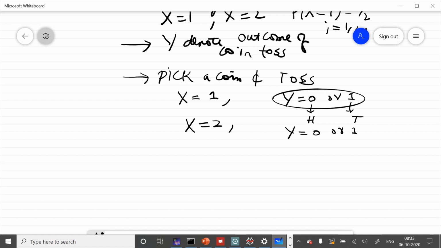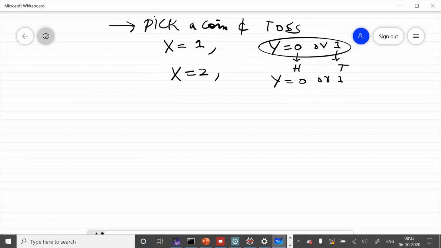Okay, we will try to give a notion of it. Now let's come back to the general structure. If you have joint random variables, we call them joint random variables. We can define the joint cumulative distribution function.